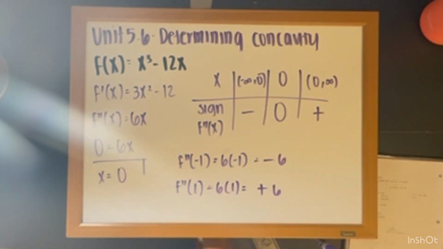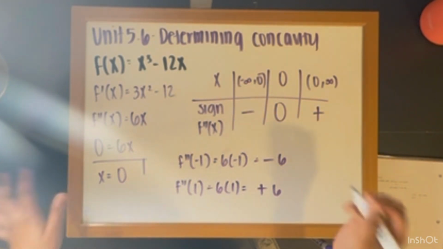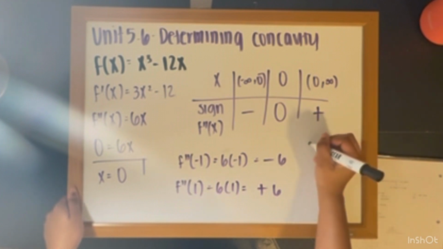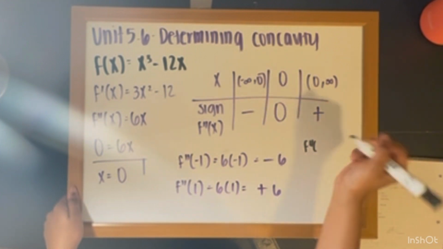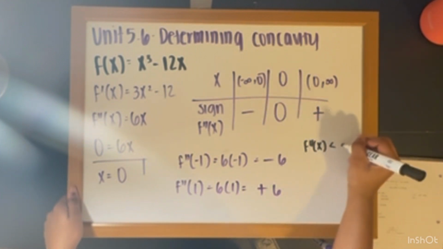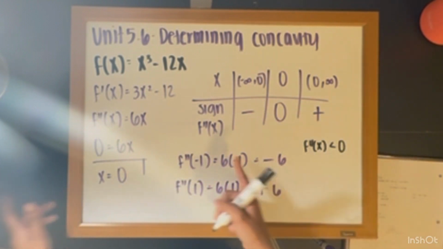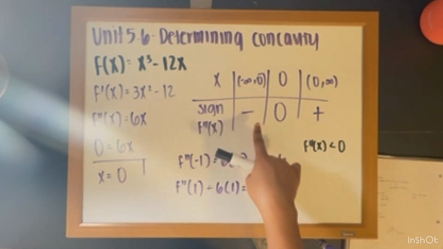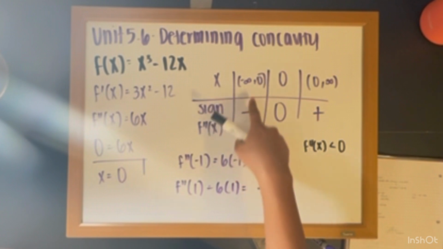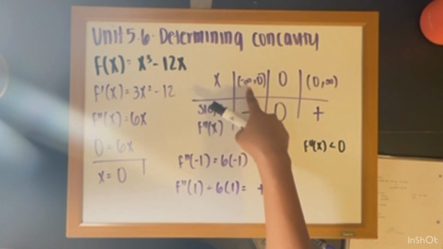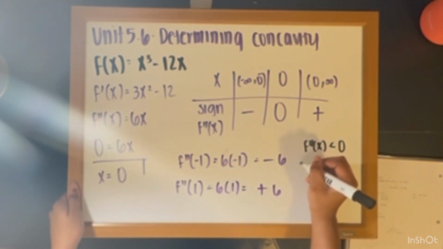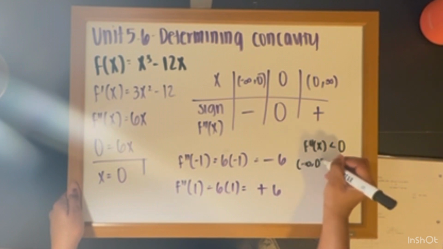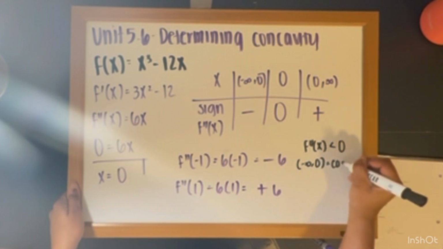So let's kind of break this down. Like I said before, when it's concave down, that means our second derivative is less than 0. So because our second derivative is negative on the interval negative infinity to 0, that means that negative infinity to 0 is concave down.